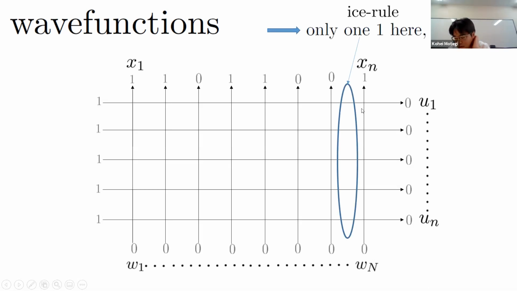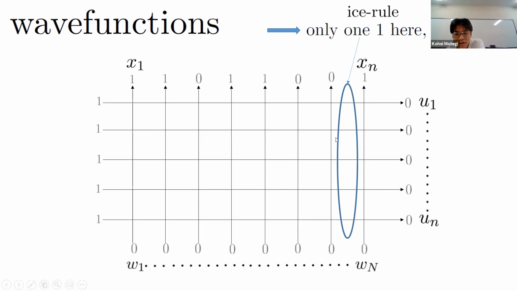recall the Gauss rule. This means that you only have to consider the case when the sum of the inputs is equal to the sum of the outputs. So the sum of the outputs here is 1, 0, 0, 0, 0, 0. So the sum of the outputs is 1. And the sum of these should be equal to the sum of the inputs here.